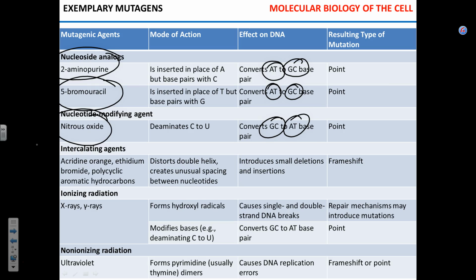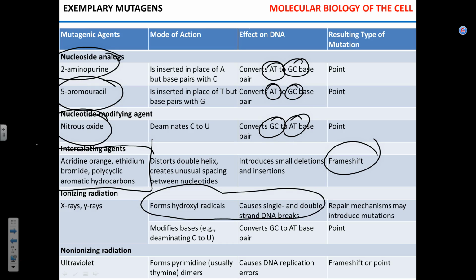Intercalating agents. That's what we just discussed. When those molecules are inserted between adjacent pairs of nitrogenous bases, they cause frame shift mutations. Ionizing radiation. So two things. First, single and double strand DNA breaks.